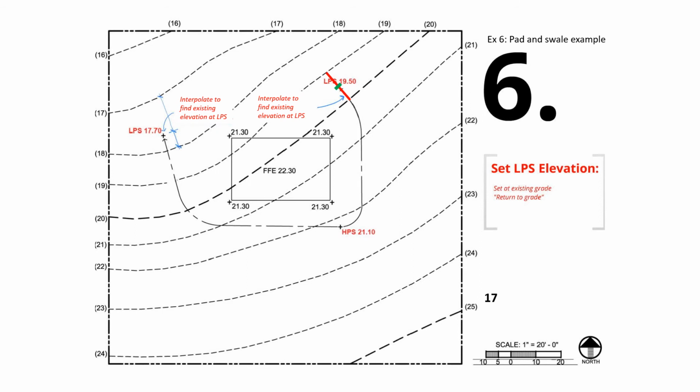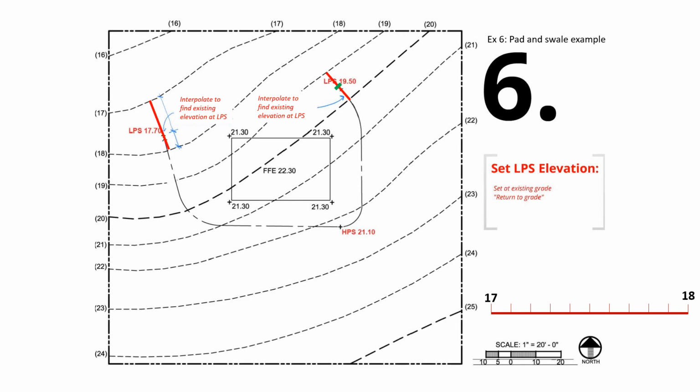The principle of calculating that location is exactly the same. So in this case of 17.70, you can again draw a line similar to the one we just drew. One way you could find where LPS equals 17.70 in CAD is that you divide this line that you just drew.